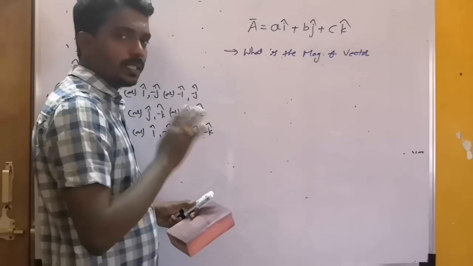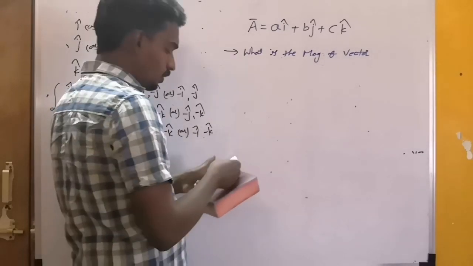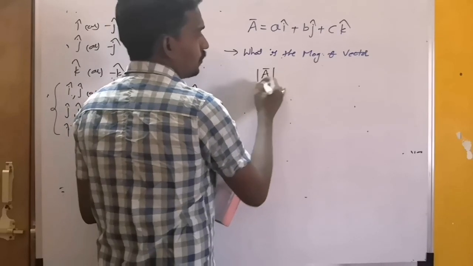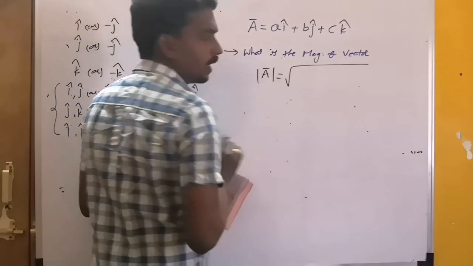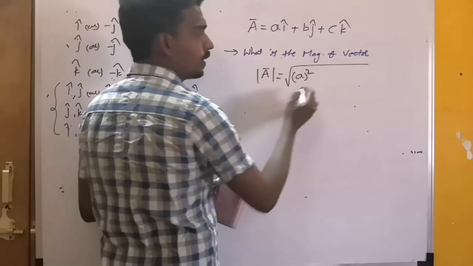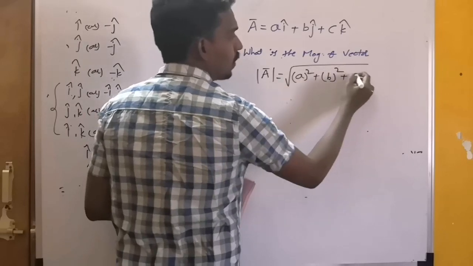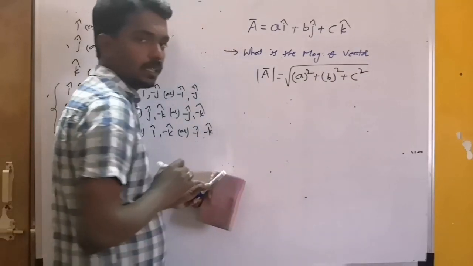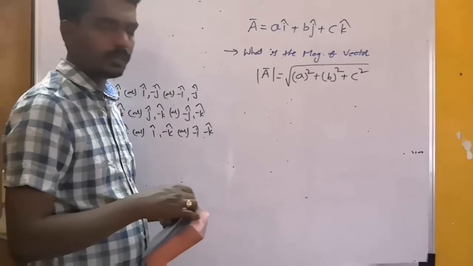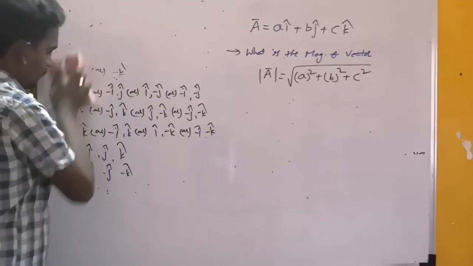But its magnitude is not like a plus b plus c. The formula for magnitude is square root of i coefficient square plus j coefficient square plus k coefficient square. This is the formula.